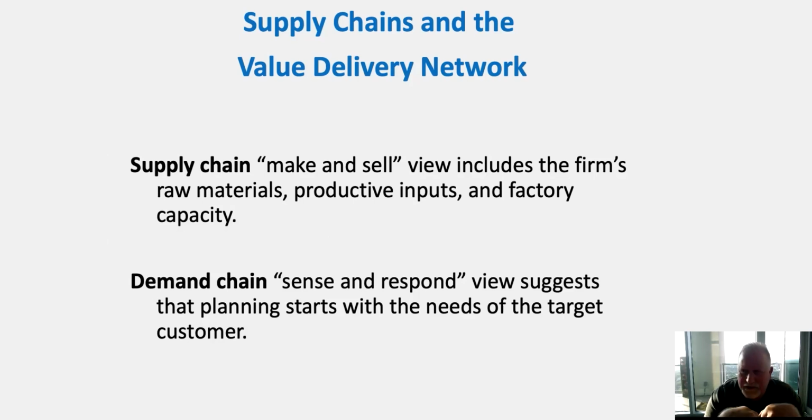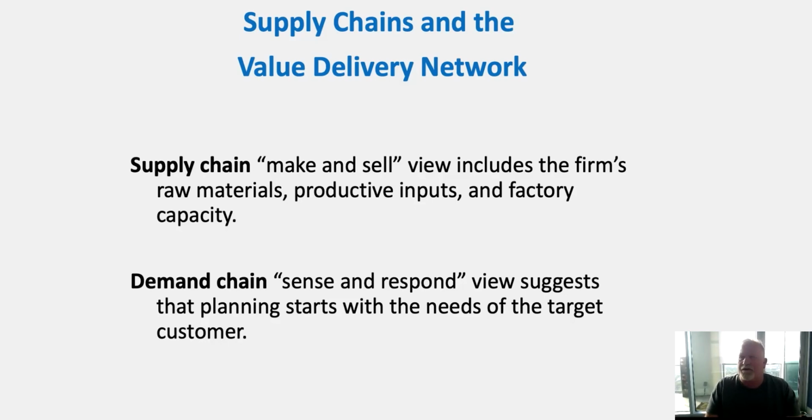The demand chain, just like when we think about up and down, is the sense and respond element. So this view suggests that planning starts with the need of the target customer. So the demand chain thinks about the fact that customers demand products, and as a result of those product and service demands, upstream we then supply and produce those products to fulfill that demand.